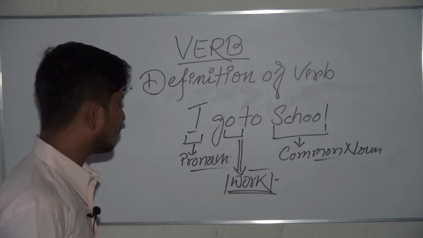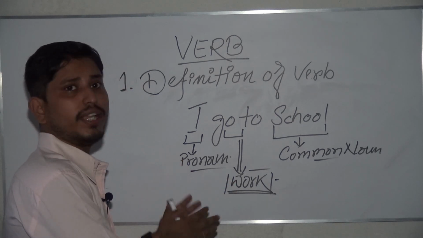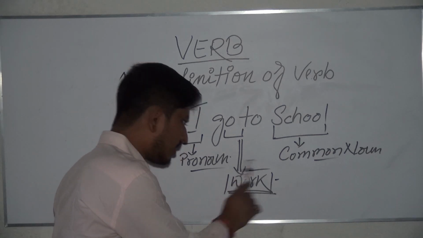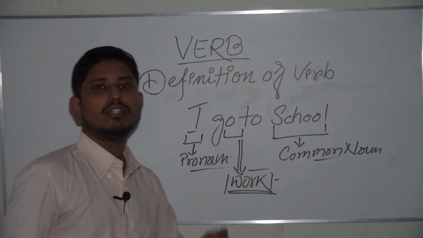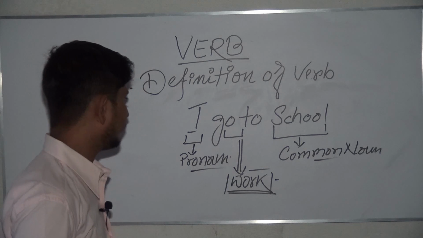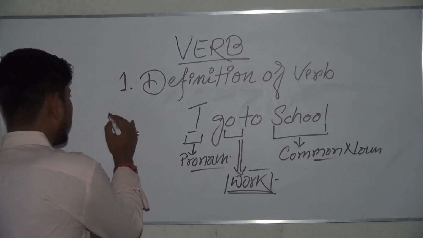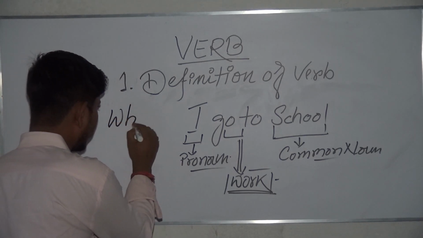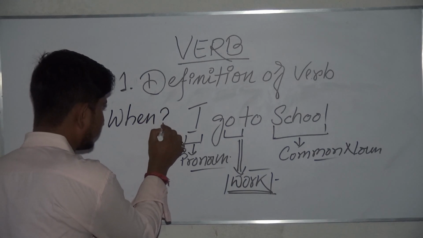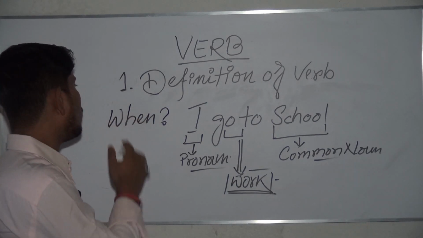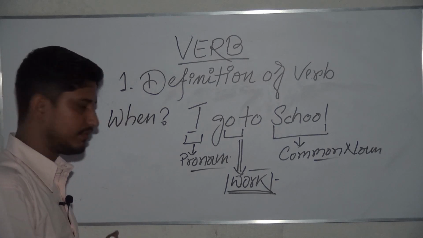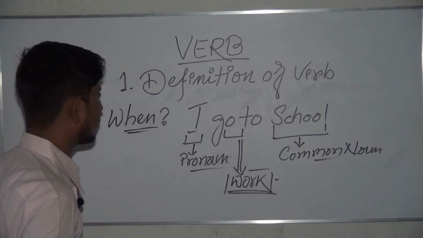And when we are talking about the concept work, a question arises. What is that question? The question is when. When has the work been done? That is the question.